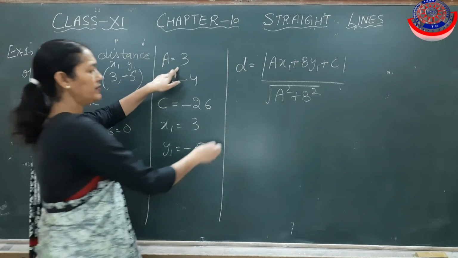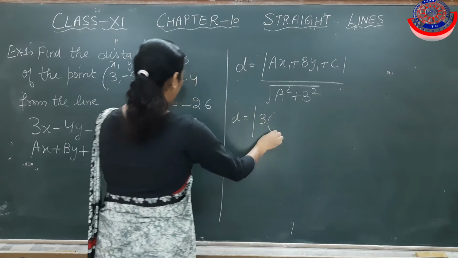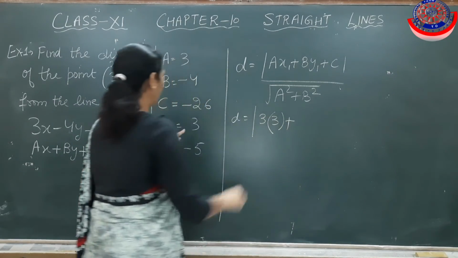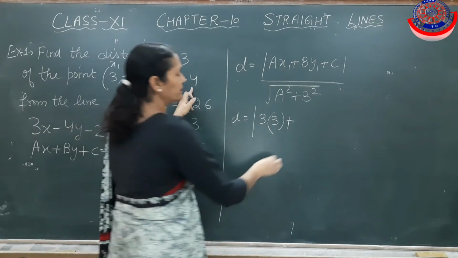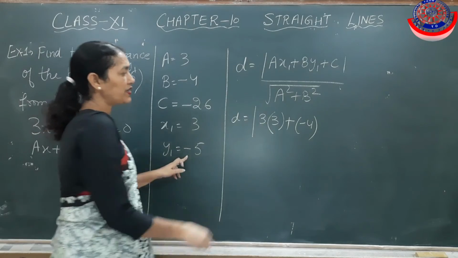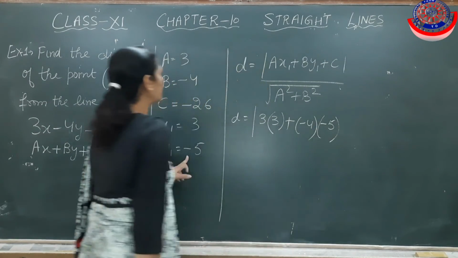A is 3, x1 is also 3. B, what is B? B is -4, y1 is -5. C, what is C?